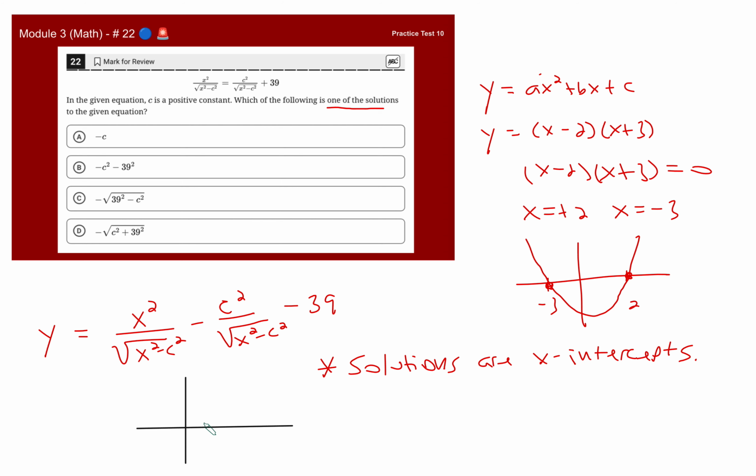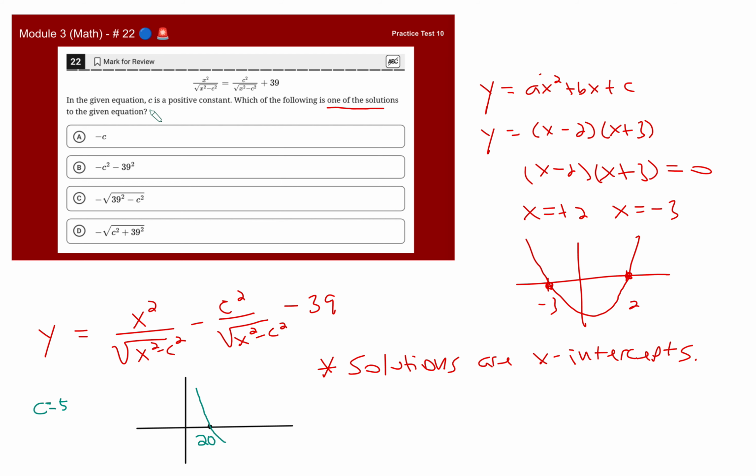The graph kind of goes like this. So that's an x-intercept, and we find this x-intercept to be, let's say, 20, for example. And then we found C, let's say C through Desmos ended up being something like 5.